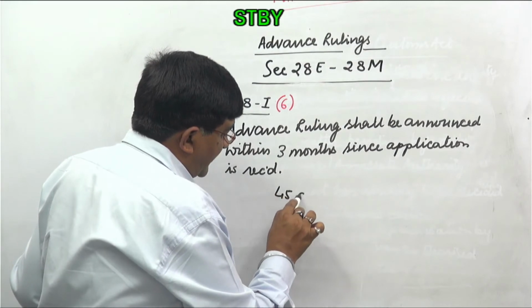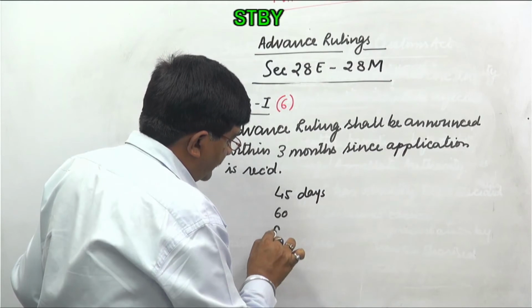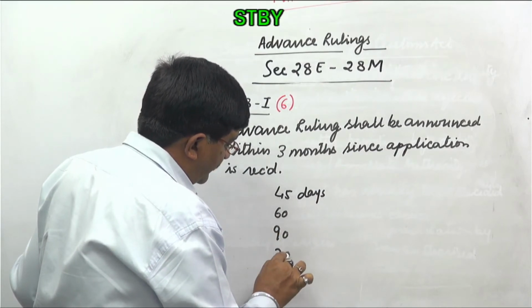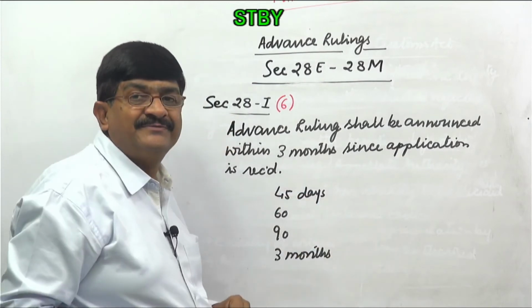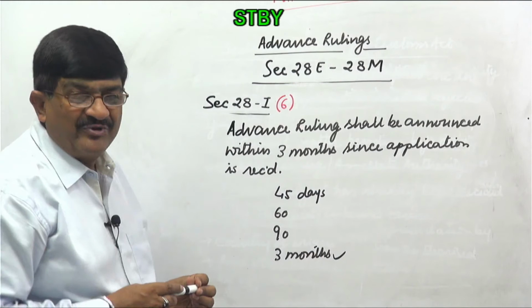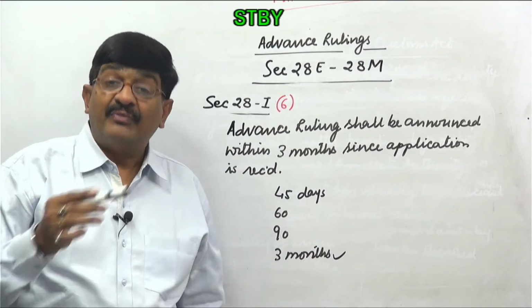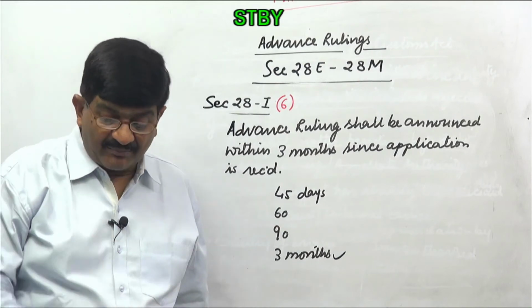This is 45 days or 60 days or 90 days or 3 months. Which is correct? Right? You know the answer that this is already correct. So MCQ can be framed on anything. You should know the law in detail and understand the minor and finer points.